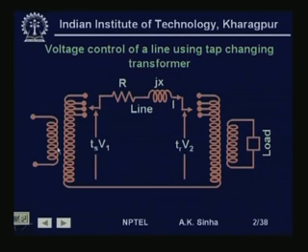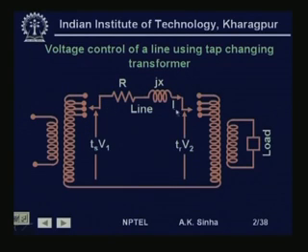We are assuming that we have a generator on this side and a step up transformer here. On this transformer, we have a number of taps on the high voltage side, thereby by changing the taps we change the turns ratio and therefore the output voltage of the transformer on the high voltage side.